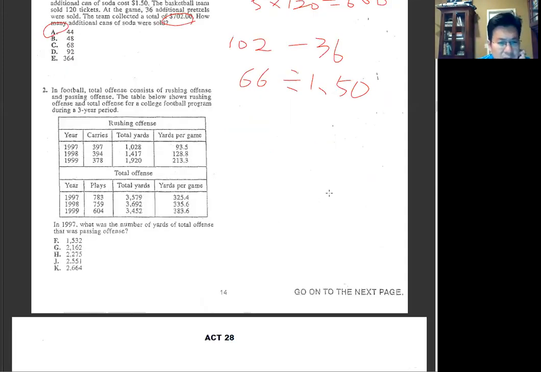In football, total offense consists of rushing offense and passing offense. This is 1997. The number of plays, total offense that are passing offense.